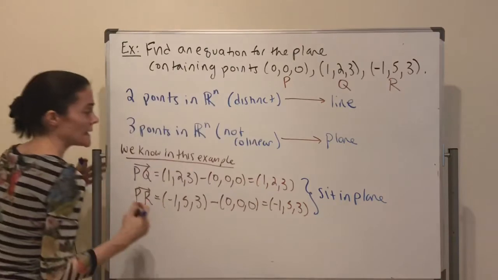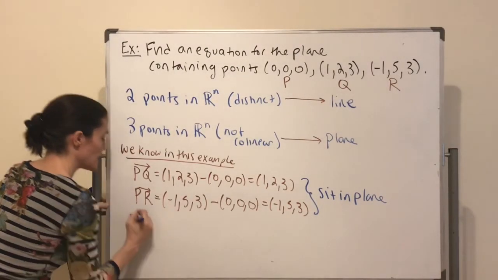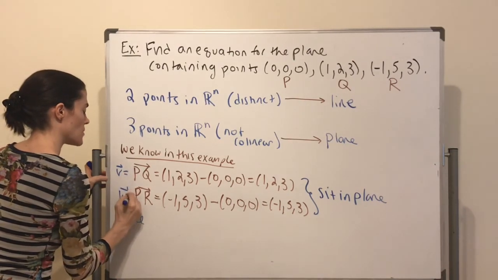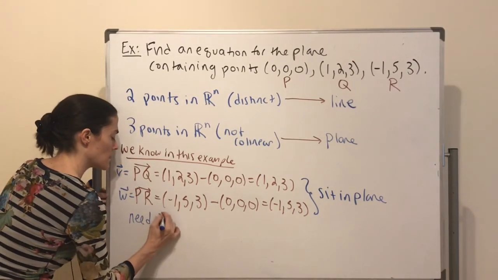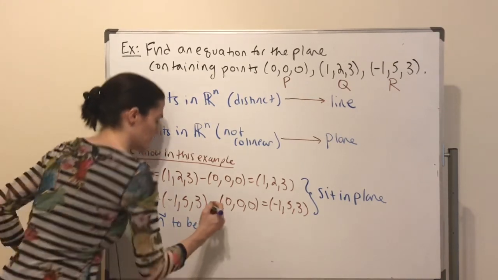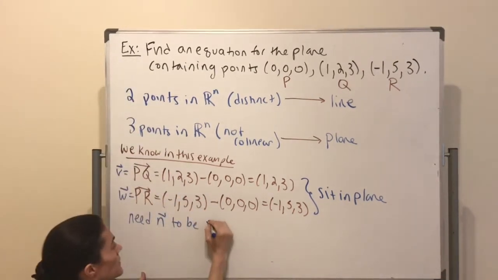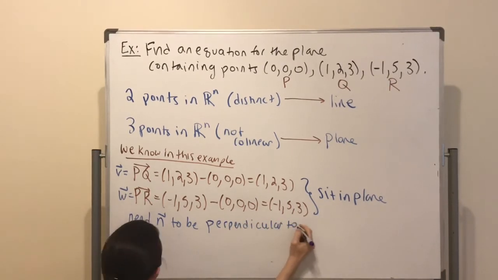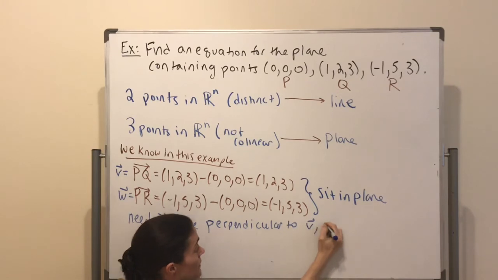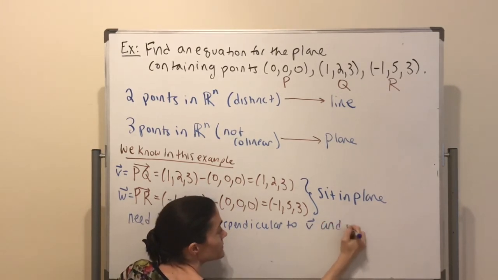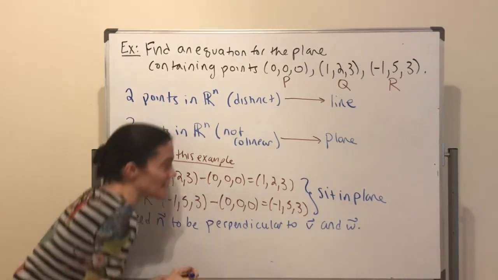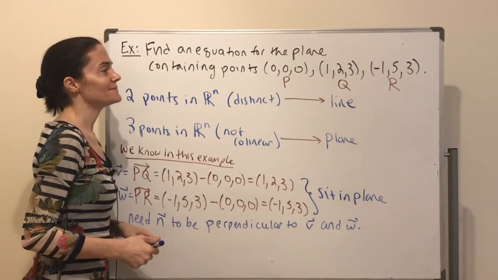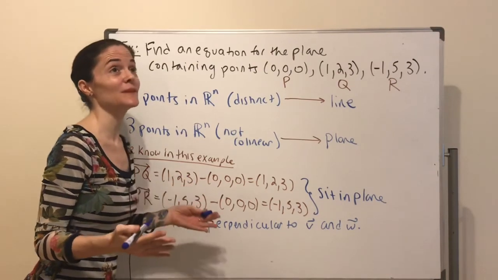So in order to get a normal vector, let me call this V, and I'll call this W. We need N to be perpendicular to both V and W. And if we can find a vector that's perpendicular to both of these, we have a normal vector for the plane.